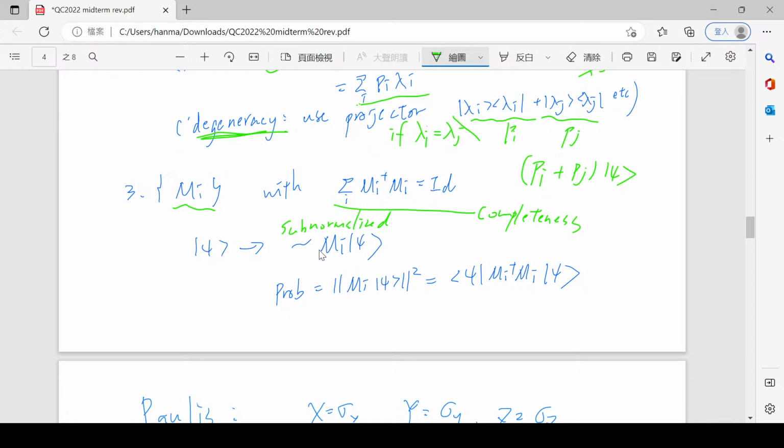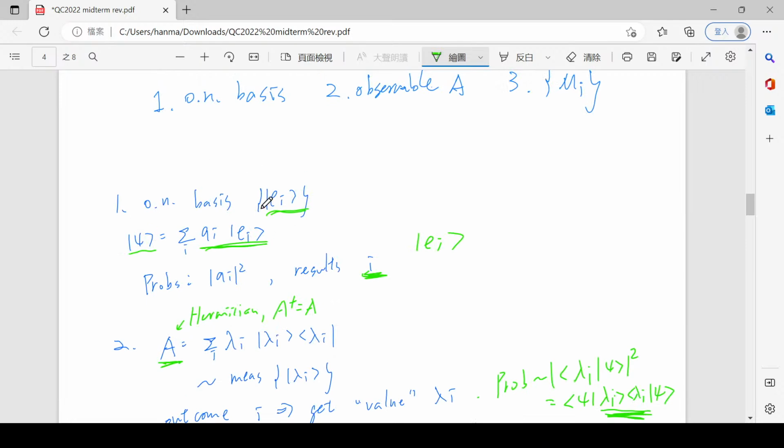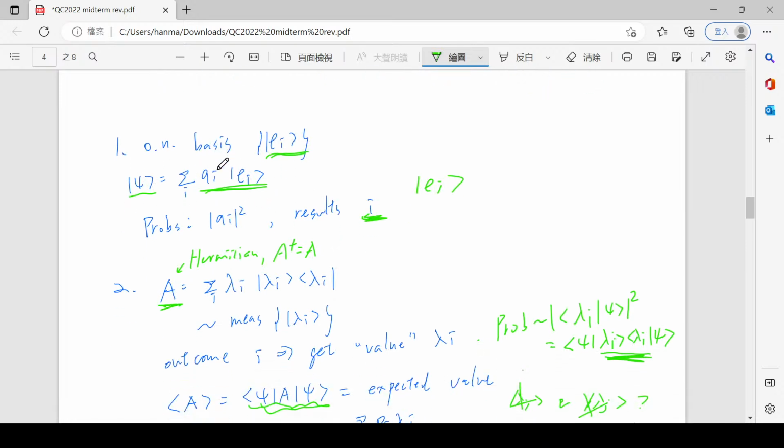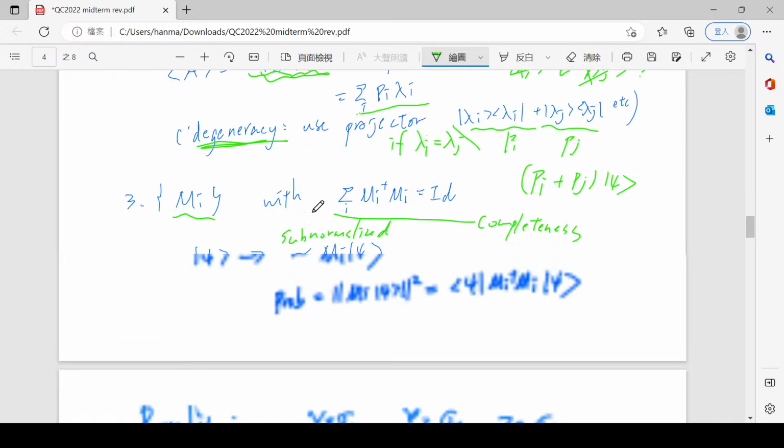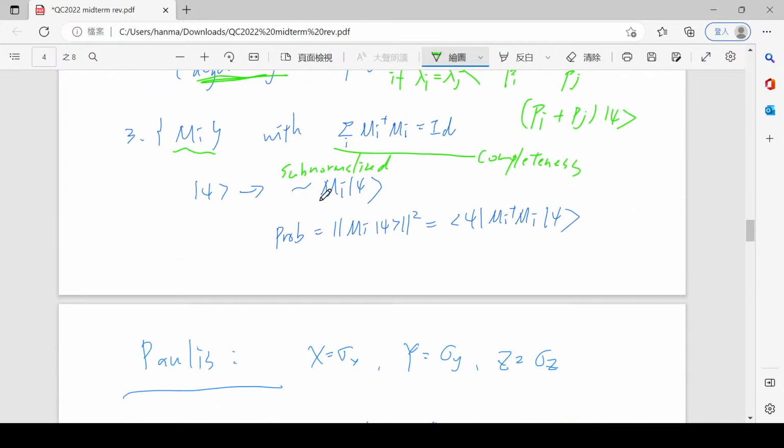First is the probability of getting this state. In the first case, the probability is your AI squared. And here the probability is the norm squared of this post-measurement state, so this is Mi psi absolute value squared. You can also write it out as an inner product, like this.